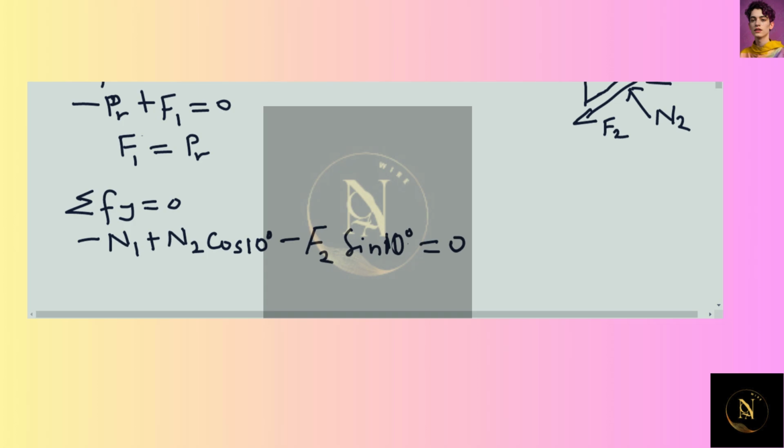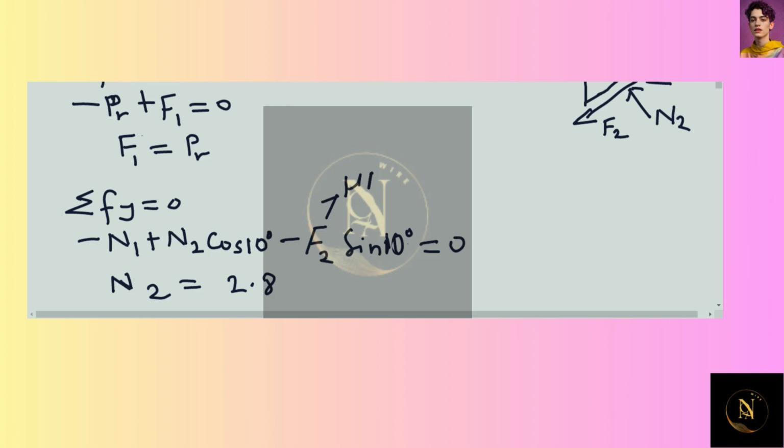So when we do that, you can figure out your N2, plugging in all your values. You're going to have N2 equal to 2.86. Put in your mu. Of course, our F2, as I said, becomes mu N2, the equation of static friction.